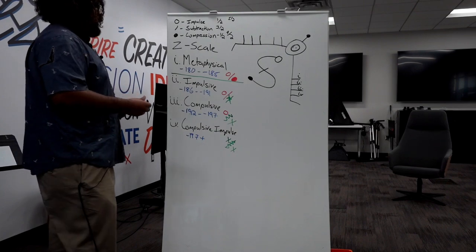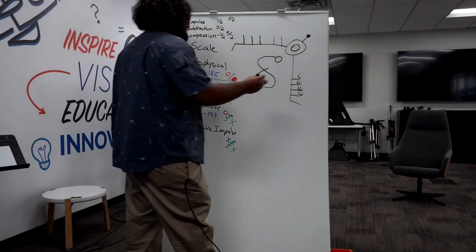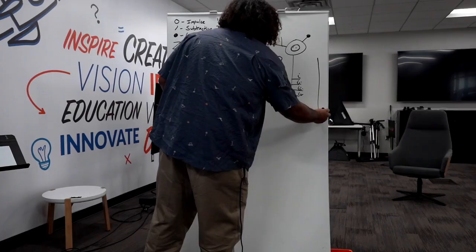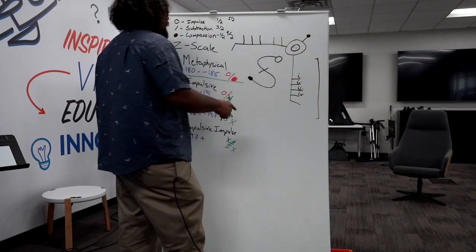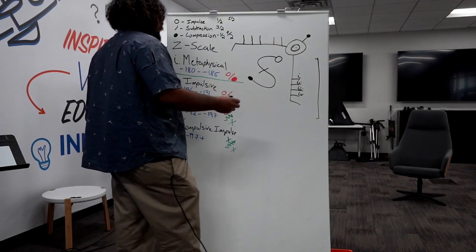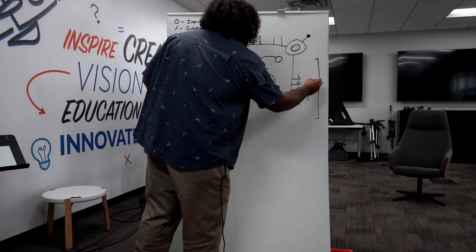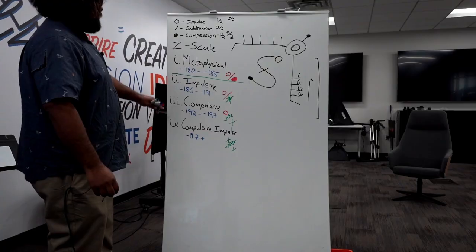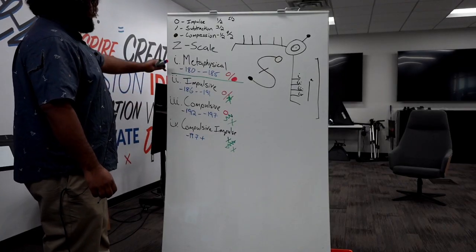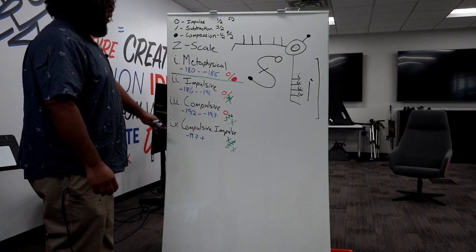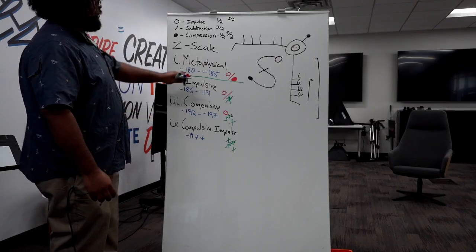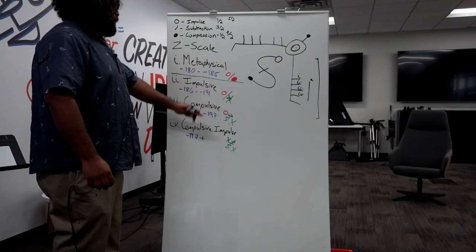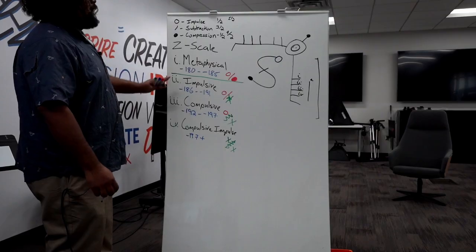So if we consider this entire thing to be the Z-scale, there are a couple of areas. This whole area right here, which I'll label lowercase a, that's all the post-intelligent communication types: the metaphysical, impulsive, compulsive, and compulsive impulse, and they're defined by the components of impulse that you have access to within the ranges.